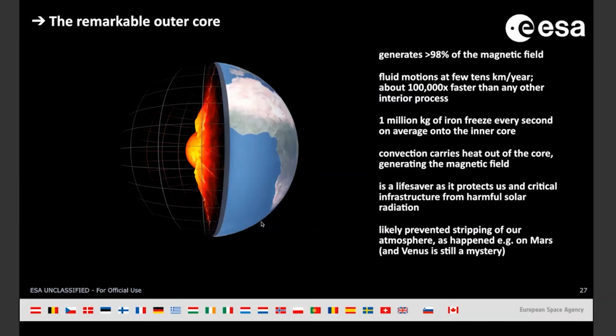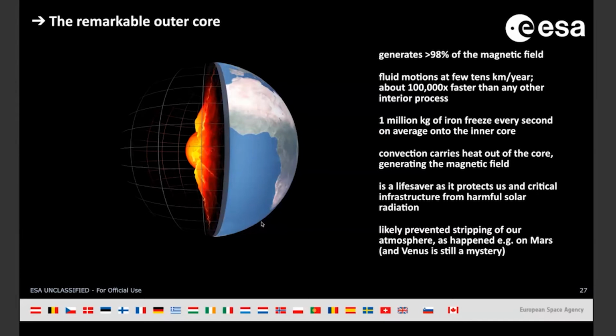What is happening in this outer core is that we see fluid motion at a few tens of kilometers per year. So it's not very fast, but geophysically speaking, it is extremely fast compared to, for example, the motions of the tectonic plates, mountain building, or convection in the mantle, the other main geophysical processes, which are centimeters per year or millimeters per year.